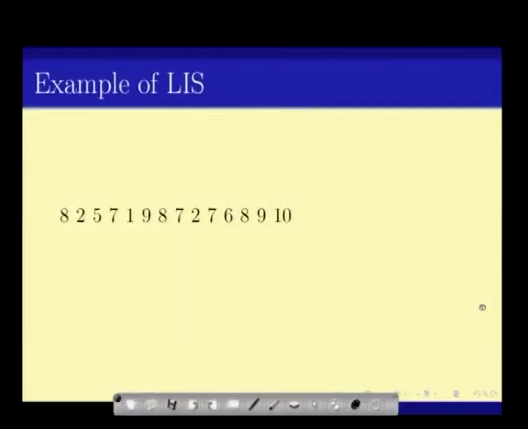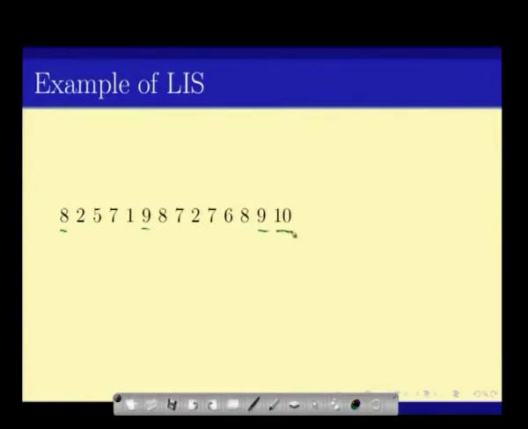So let us start with an example. Here, say, is a sequence of integers. Now these integers are not sorted or anything like that. What is the longest increasing subsequence? First of all, what is an increasing subsequence? An increasing subsequence is anything like, say, start with 8, 9, 9, 10.